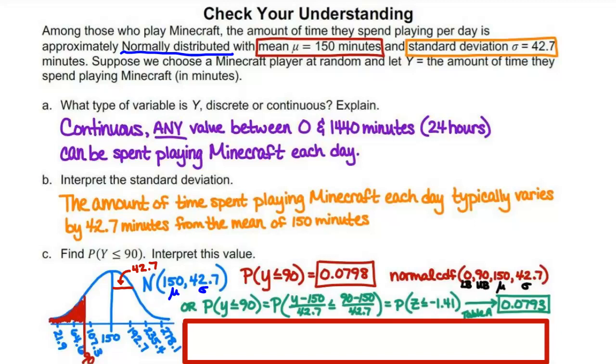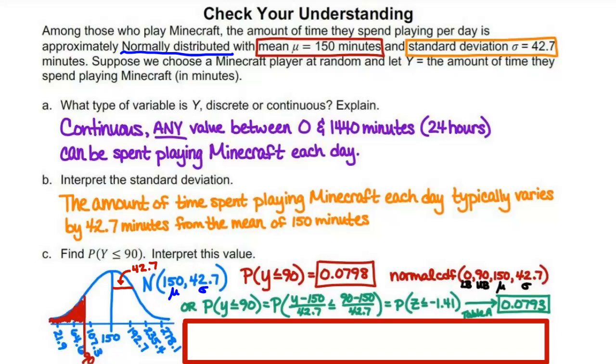What does it mean? What does the capital P mean right here? Probability of, what does y mean? Yep, amount of time spent playing Minecraft in minutes.